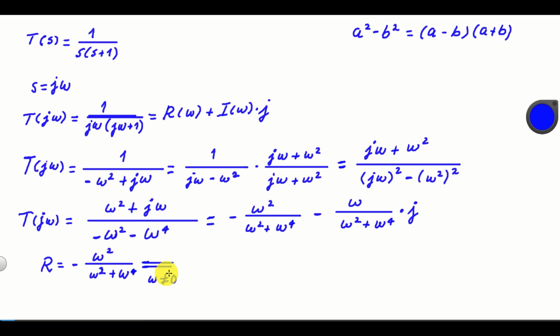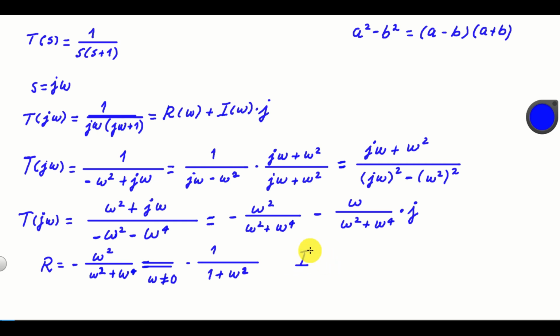However, again, the condition here is that omega is not equal to 0. And if you remember, at the beginning of this tutorial, I said that we are going to avoid 0, so this is perfectly fine. And as the result, the real part becomes 1 over minus 1 plus omega squared. And this is the final expression for the real part.